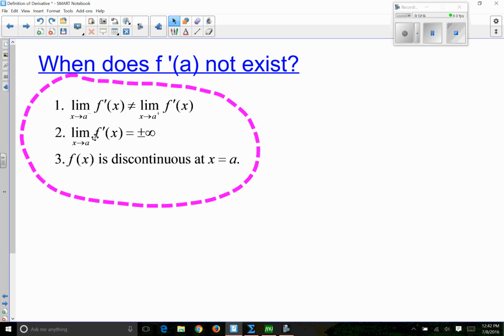Number 2, if the limit of f prime of x as x approaches a is either infinity or negative infinity. And number 3, if the original function is not continuous at x equals a. These are 3 instances when the derivative does not exist. Look at quickly an example of each.